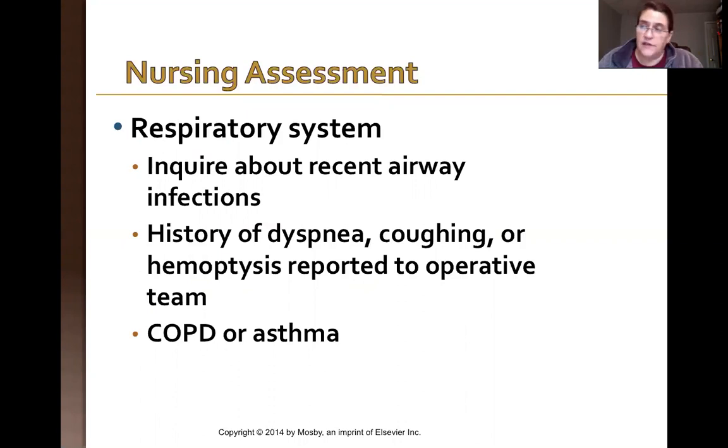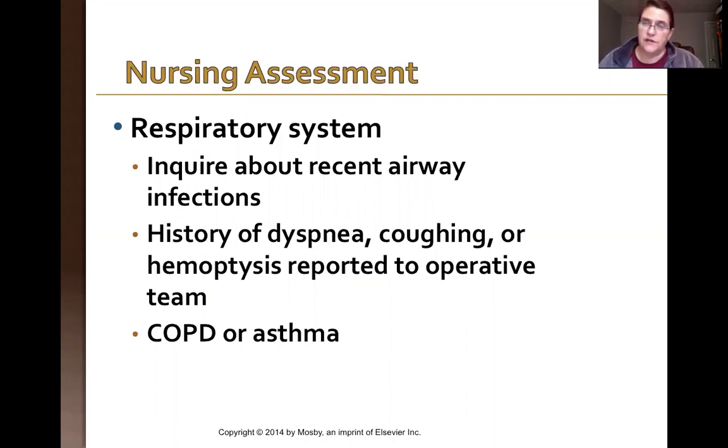Does this patient have a history of dyspnea or coughing or hemoptysis? If so, we're going to let the operative team know this. Does a patient have a history of COPD or asthma? If so, they have a high risk for atelectasis and hypoxia as a result of surgery. And these are the patients that we're going to do a lot of teaching with.